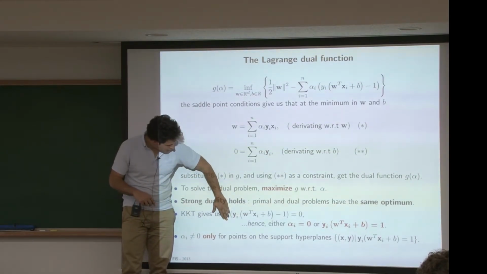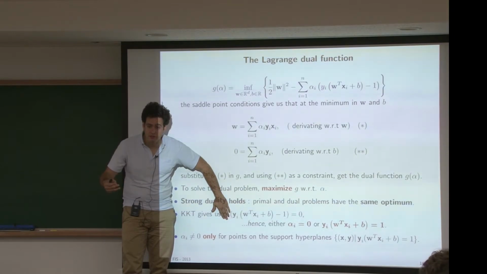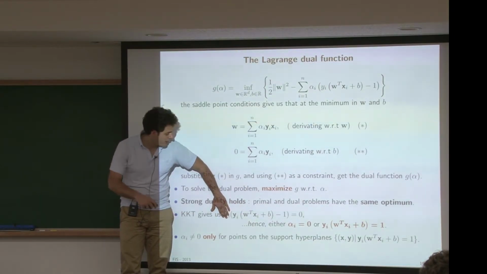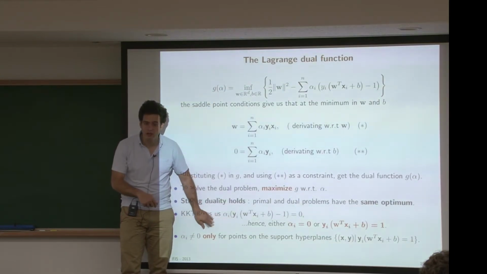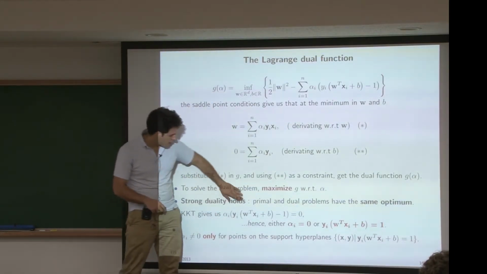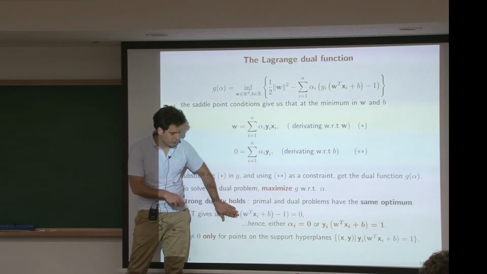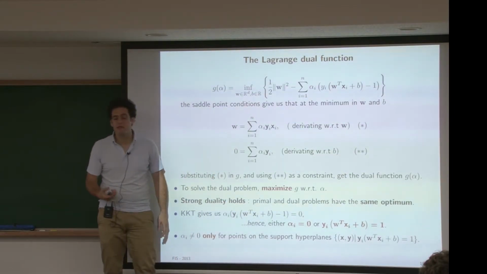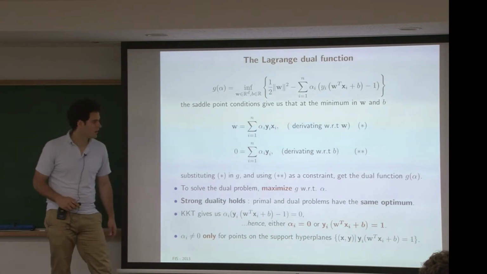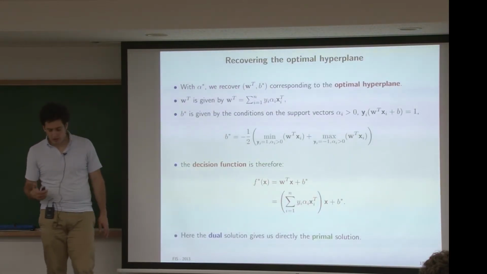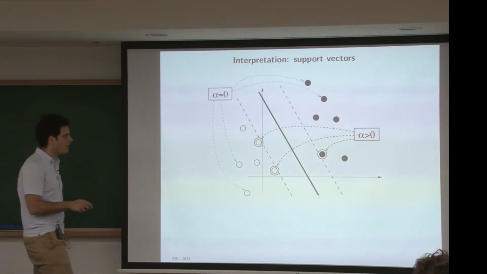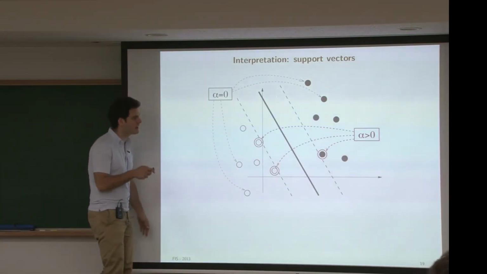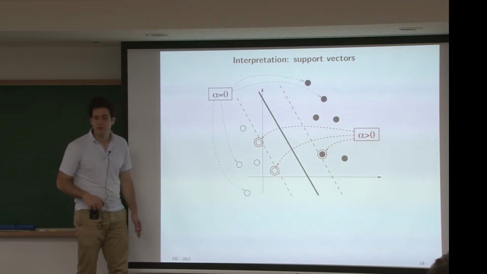If this is not 0, meaning the point is outside of the tube, not on the line but outside, then necessarily alpha i is equal to 0. If on the other hand the point is on the tube, then alpha i will usually be strictly positive. I'm saying usually because it's not always the case, but at least those points for which alpha is strictly positive necessarily are on the tube.